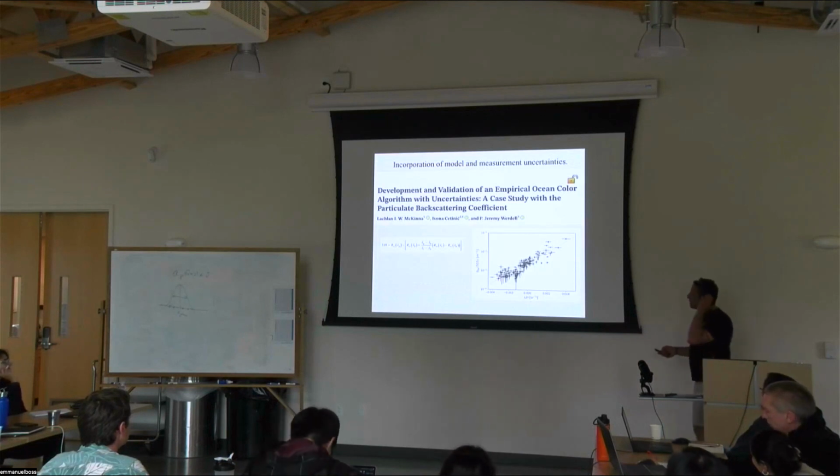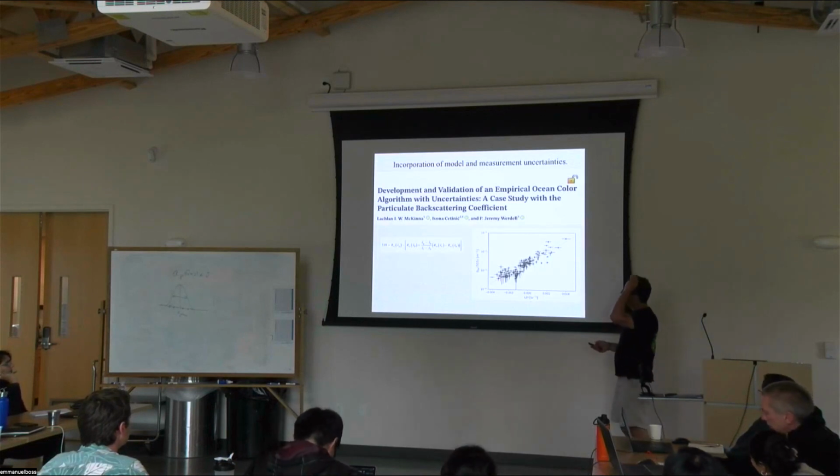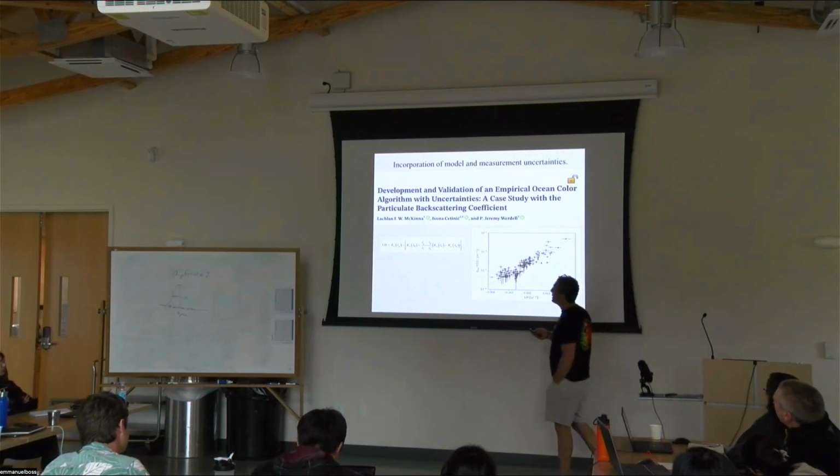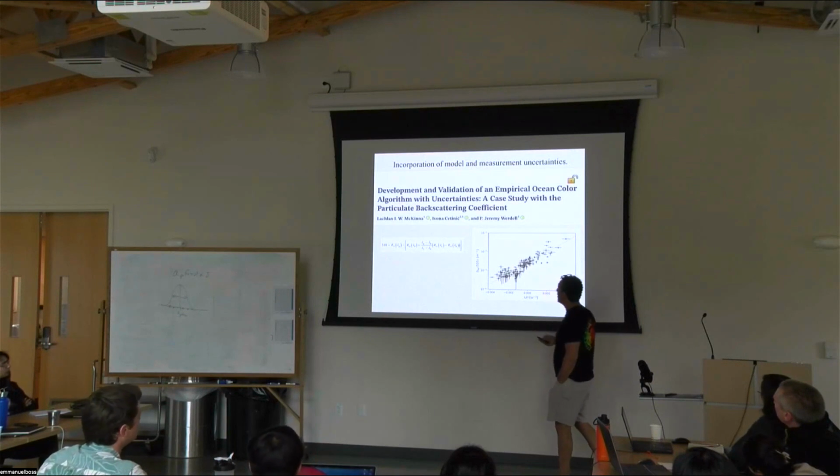Another paper that came out relatively recently is a showcase of an algorithm to get backscattering, a line-height algorithm. It uses three wavelengths, a red, a blue, and a green wavelength, to derive backscattering.